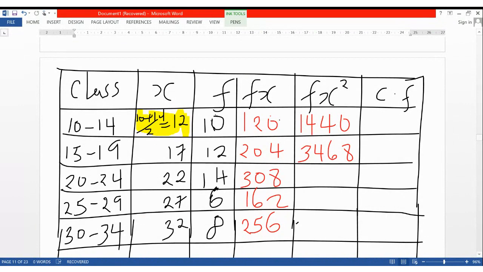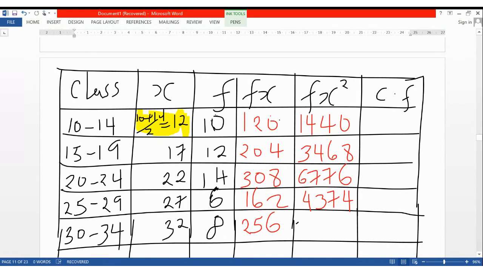Then 27 squared times 6, 4374. Then I have 32 squared times 8, 8192. Then I'll get the cumulative frequency from the frequency here.